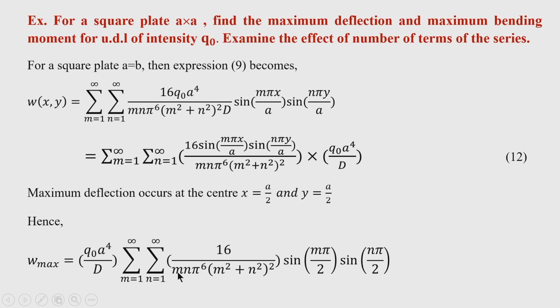Here m and n are odd integers, because we have seen that even integers have no contribution towards the deflection of a simply supported plate subjected to uniformly distributed load. Okay.